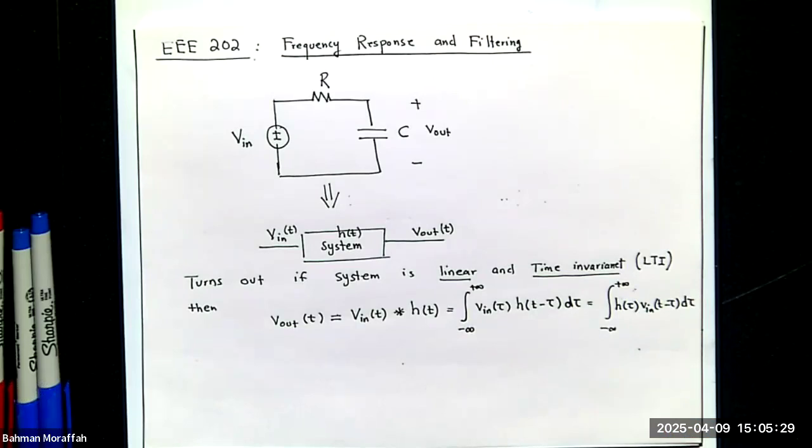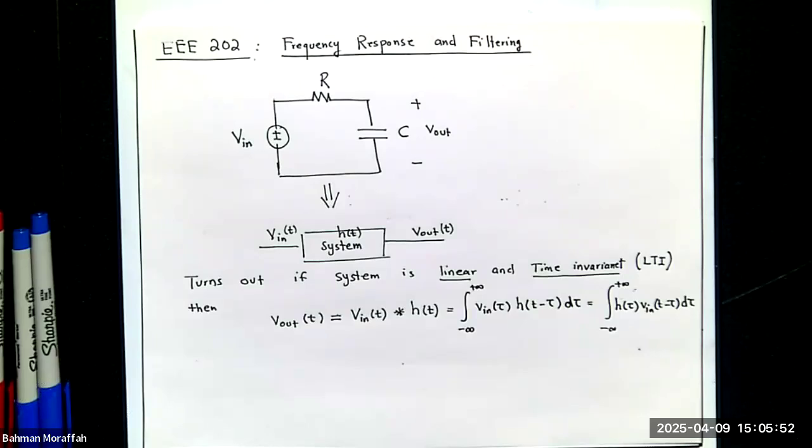When we're talking about time invariant systems, it means that if I change my input by some t naught, the output would change by the exact same t naught, right? But again, we're not really concerned with these two terms. All the circuits that we're dealing with are linear time invariant.